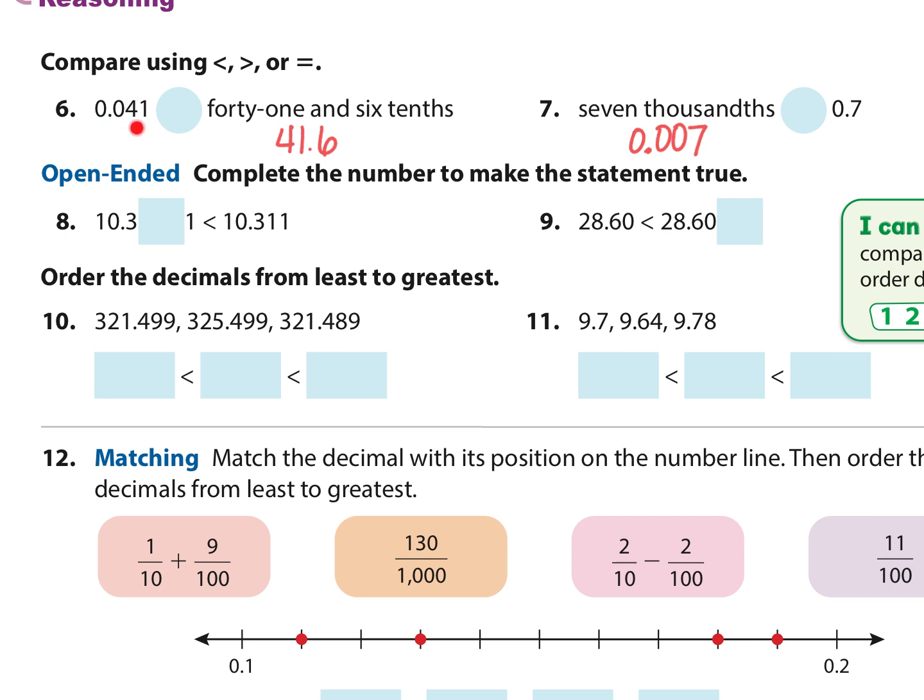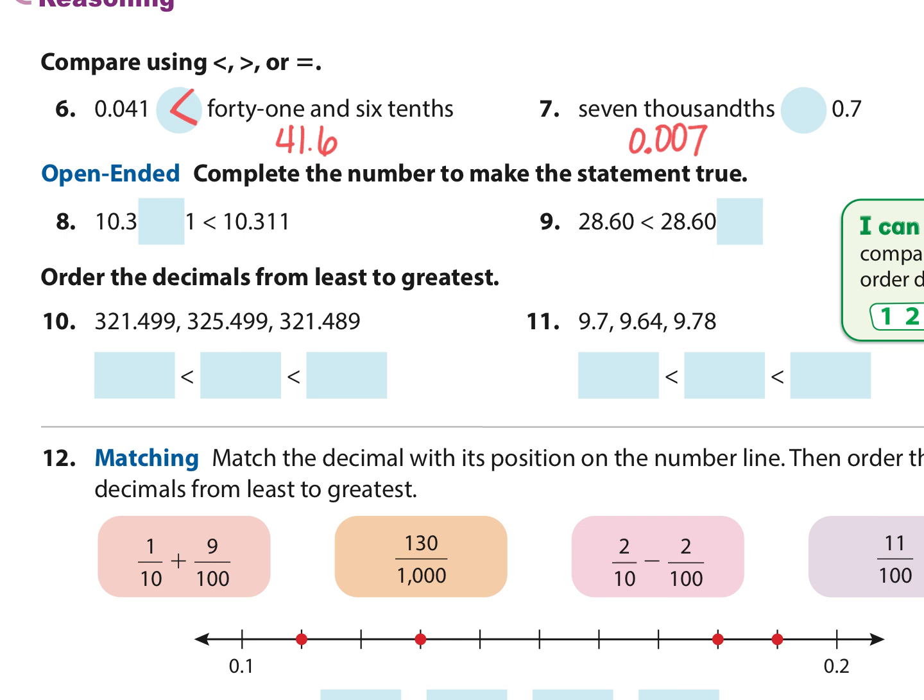This is 41 what? How do I read this? Thousandths. 41 thousandths. This is 41 and 6 tenths. Which one's greater? 41 and 6 tenths. Good.